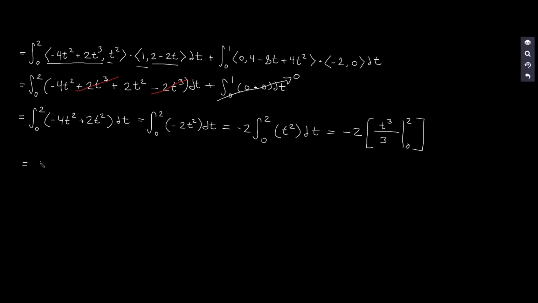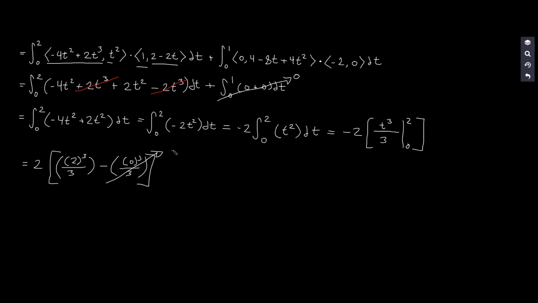What is this going to be? 2 times this whole thing. That is 2 raised to the power of 3 over 3 minus 0 raised to the power of 3 over 3.